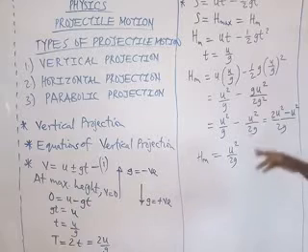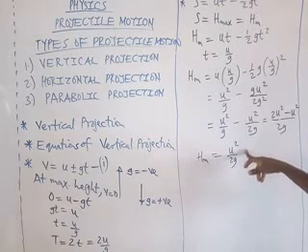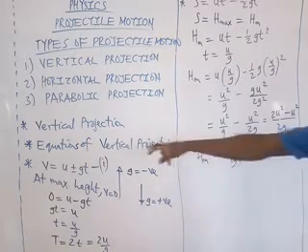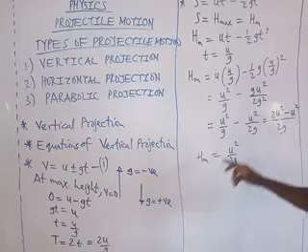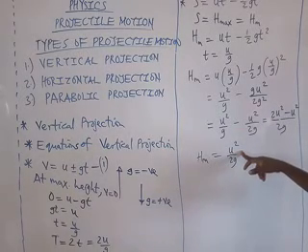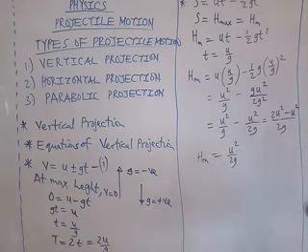Let me at this point in time address this u in question. This u in question is the vertical component of velocity, because I've said the other time that we are dealing with vertical projection. It is possible to have a horizontal component of velocity, but for this consideration, our u here is our uy. Take note of that.